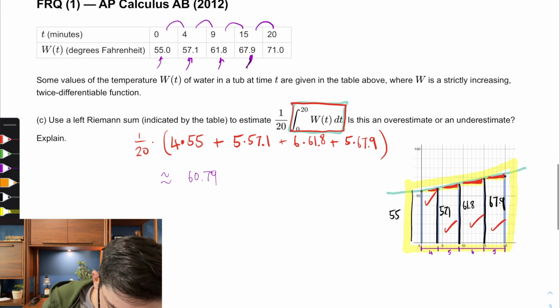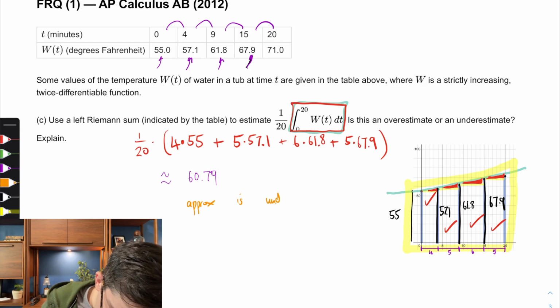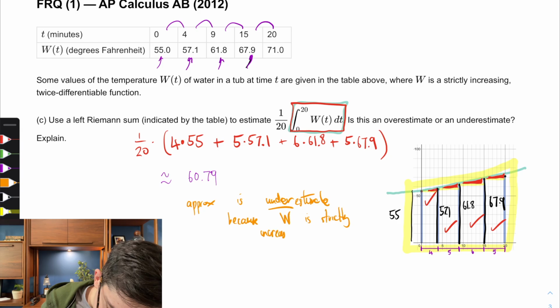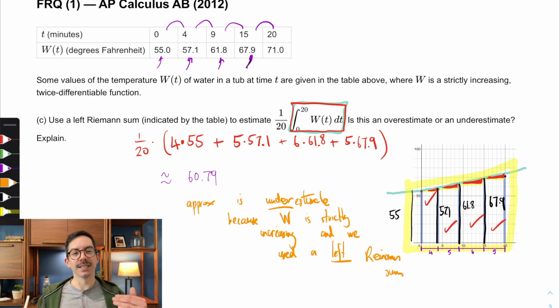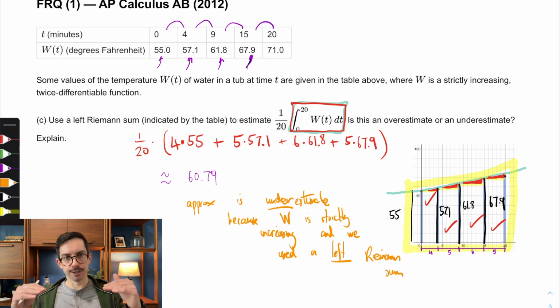So our approximation is an underestimate of the true value, because we were told W is strictly increasing, and we used a left Riemann sum, which meant that all of our rectangles were slightly too short.